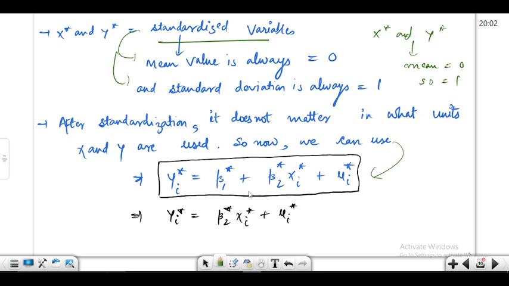We know that beta 1 hat is a constant term, so its standardized form will be equal to 0, because the mean of a constant term is the value of the term itself, so subtracting it gives 0. So we can skip this part, and we are left with the equation yi star equals beta 2 star xi star plus ui star.